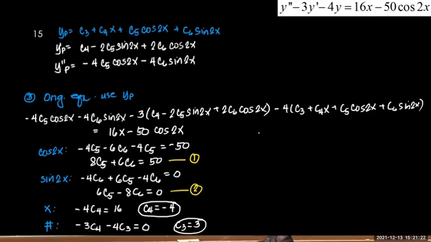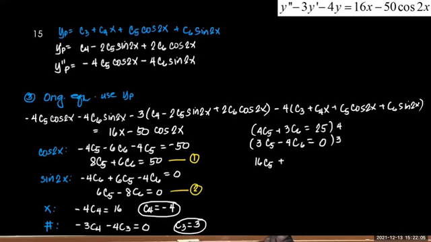So for this, let's simplify. Maybe we can still simplify. 4c5 plus 3c6 equals 25, I divided it by 2. And then the other one is 3c5 minus 4c6 is equal to 0. So I divided it by 2. So now, what do you want to cancel? It's up to you. So let's just say if I were to cancel c6, I'll just multiply this by 4 and I'll multiply this by 3. I'll end up having 16c5 plus 12c6 is equal to 100.